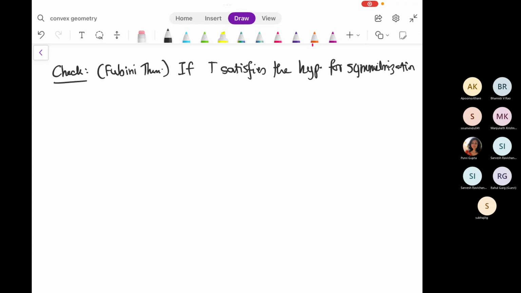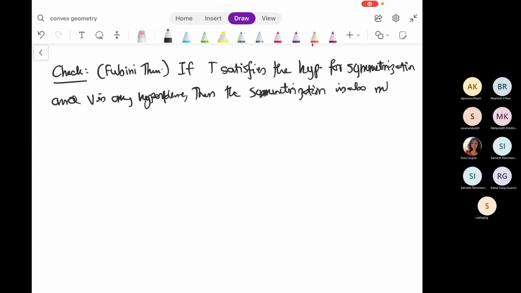And if V is any hyperplane, then the symmetrization is also a measurable set. And I think it will continue to satisfy the symmetrization hypothesis.